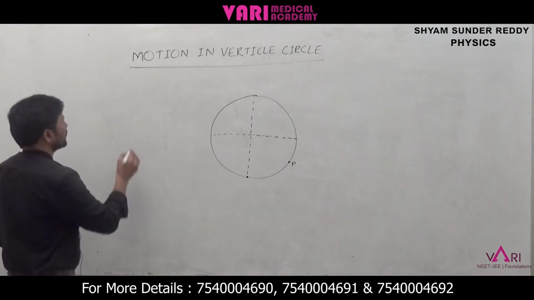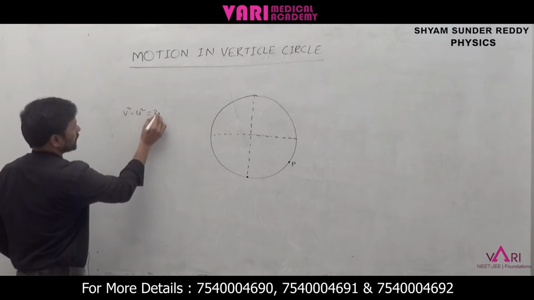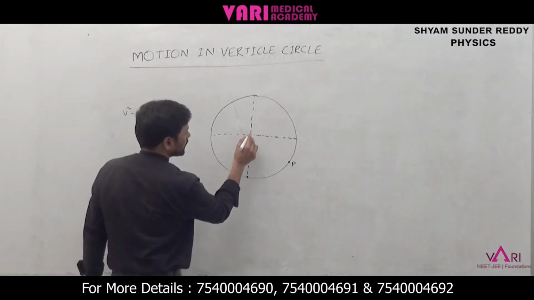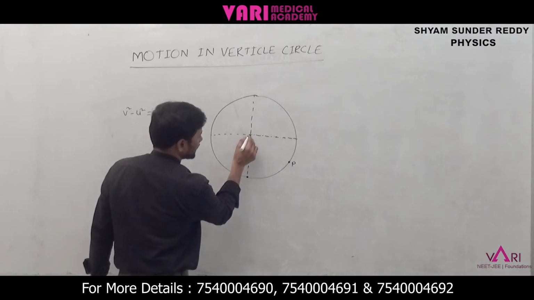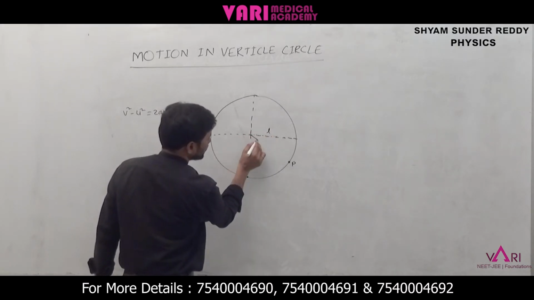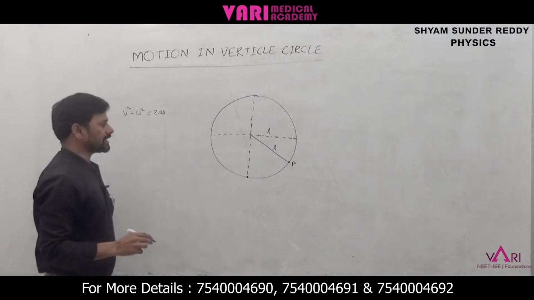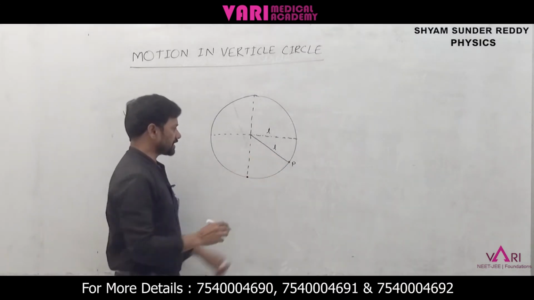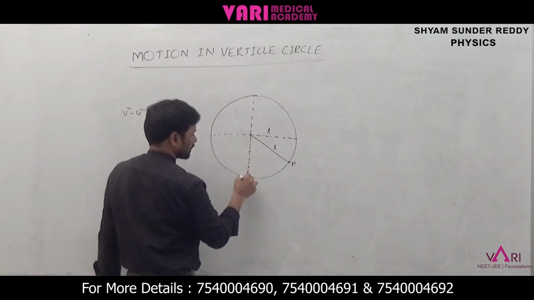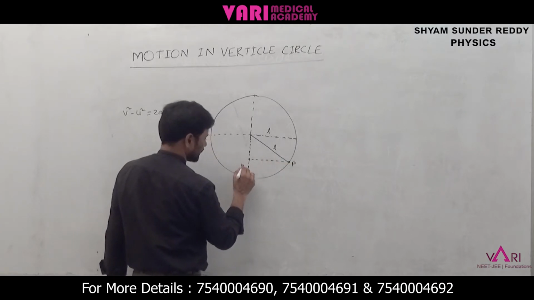Take the equation v square minus u square is equal to 2as. Here the length of the string is L, from here to here this is L. At some height h, this is the h.